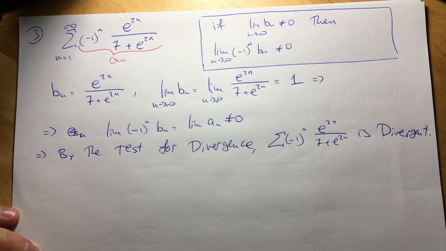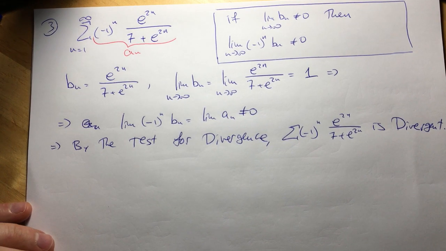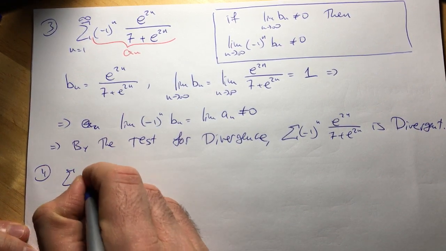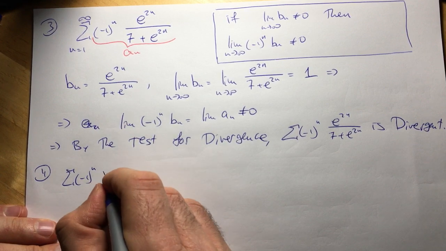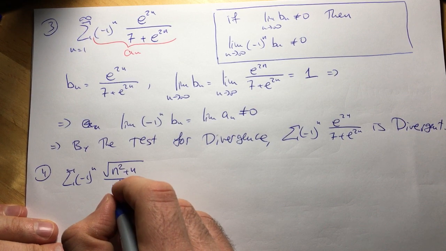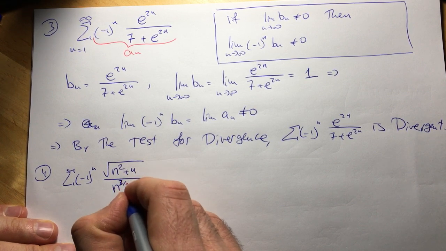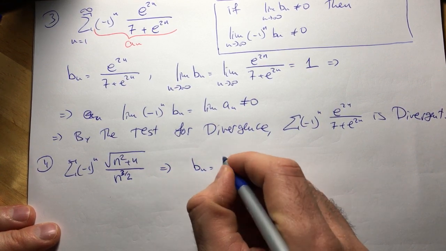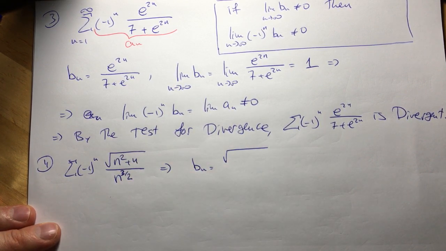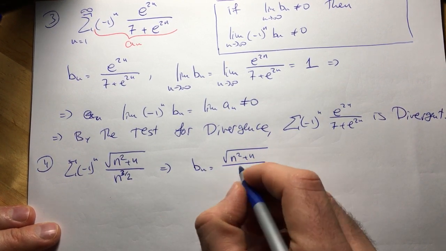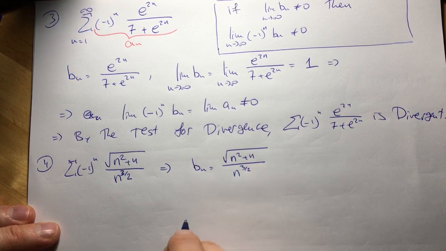And let's do one more example. Let's say 4, the sum of negative 1 to power n square root of n squared plus n over n to power 3 over 2. From here b_n is equal to just the part of the expression without the alternating part, so square root of n squared plus n over n to power 3 over 2.